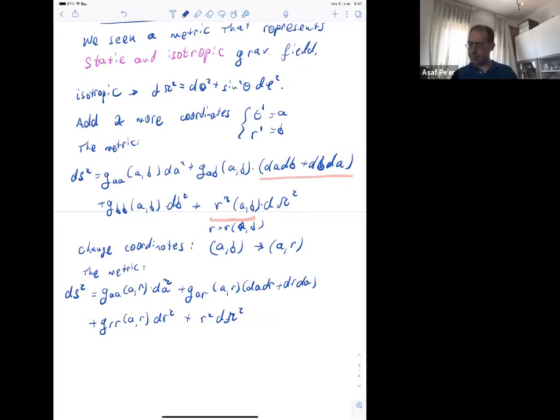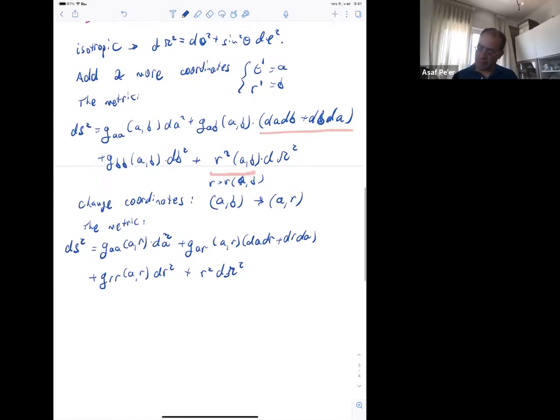Now we really want to work with r and t, so we have to find some function t. We need to convert from A and r to t and r, which means we define some function t of A and r.